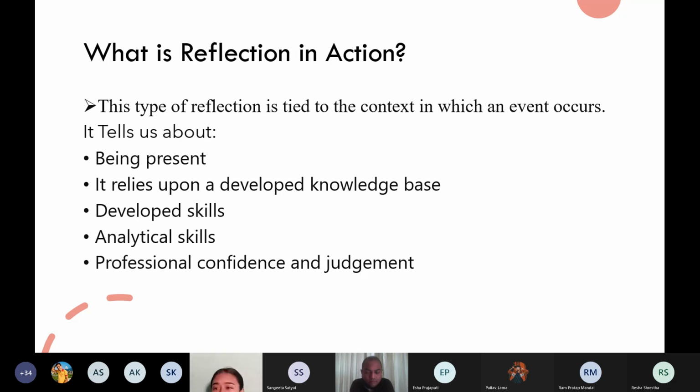And as it happens on the spot, this type of reflection is intuitive, but thus it's easy to develop skills, as well as confidence level is built up, and judgment becomes professional as the individual acts immediately. So developed skills and analytical skills can be found.